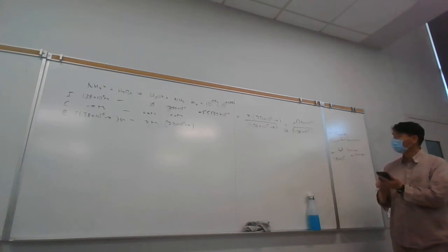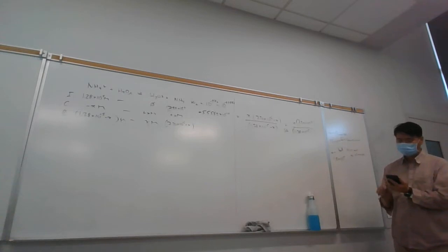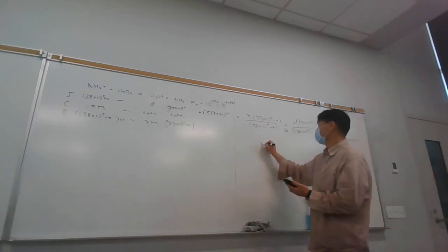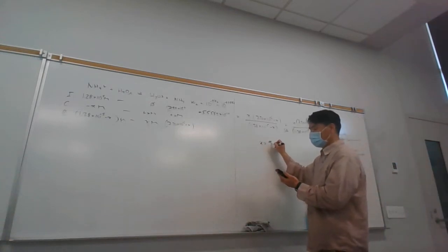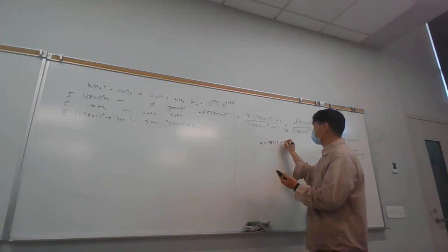No, I didn't. Okay, so that is 1.28 times 10 to the minus 5 divided by 7.2 times 10 to the minus 6. That gives me an x value equal to 9.8759 times 10 to the minus 10.